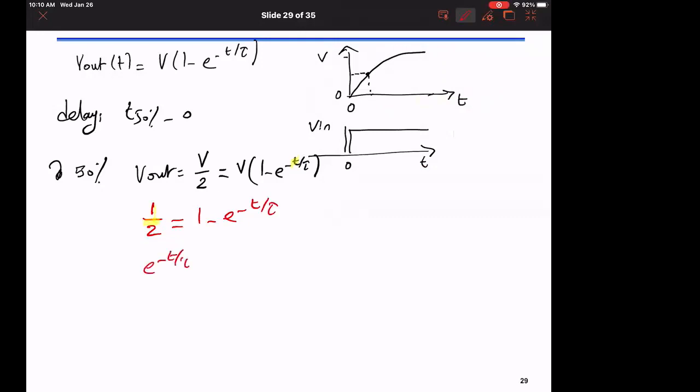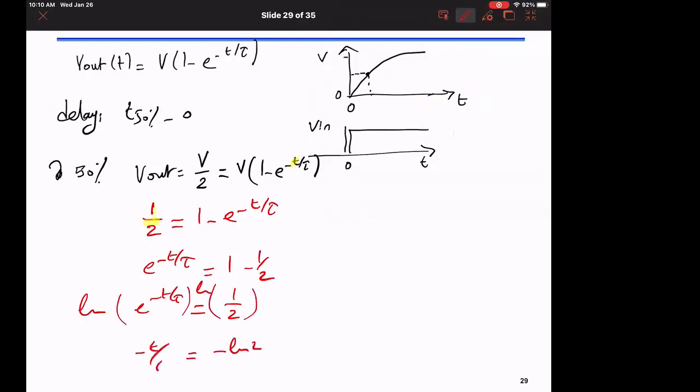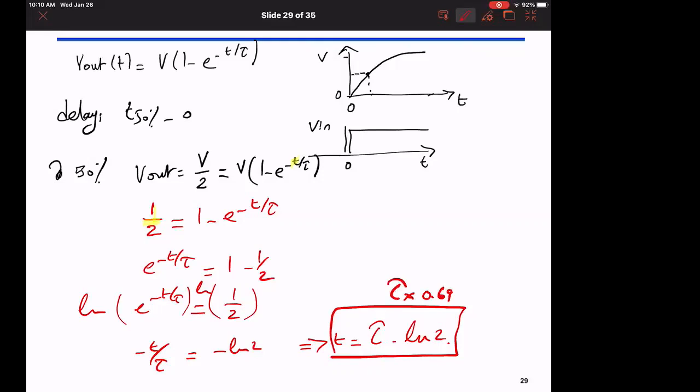So e to the minus t over tau equals 1 minus half. Then we take the natural log of both sides, so minus ln 2 equals minus t over tau, and t equals tau times ln 2. So we solved for the 50% delay, which is 0.69 times tau.